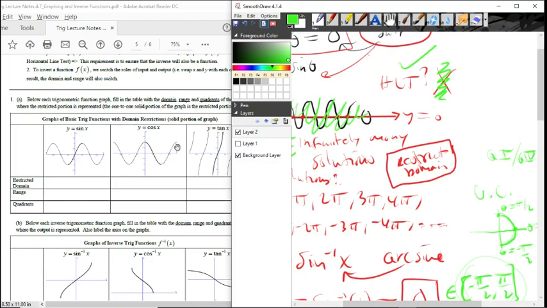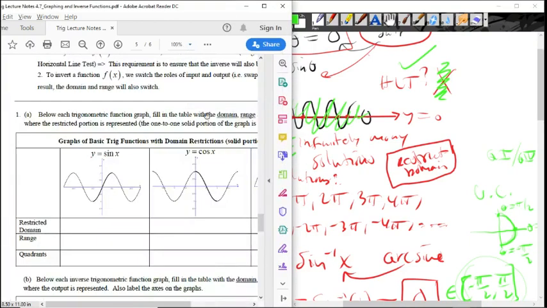Now what about for the cosine function? What domain have we selected here for the cosine function? Notice the solid portion of the curve right here. It goes from x equal to 0 until x equal to pi. So the choice that we make principally for the cosine function would be to restrict the domain from 0 to pi.